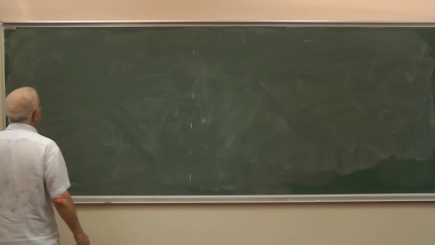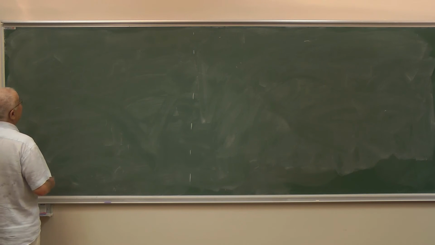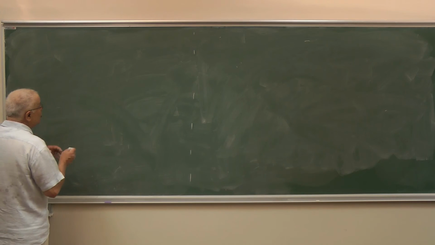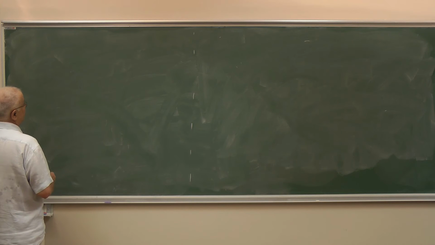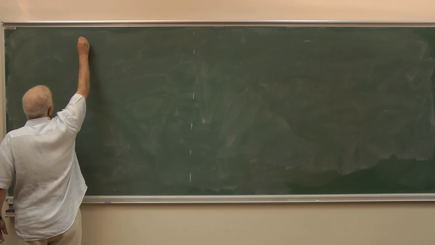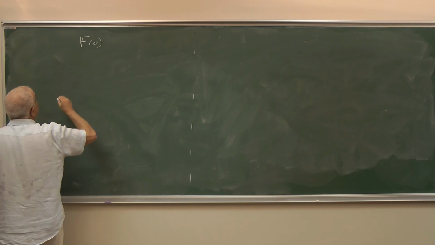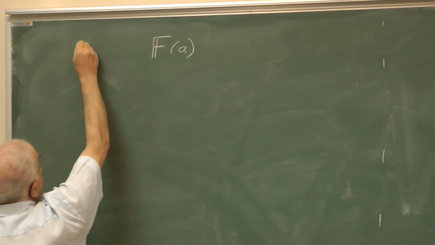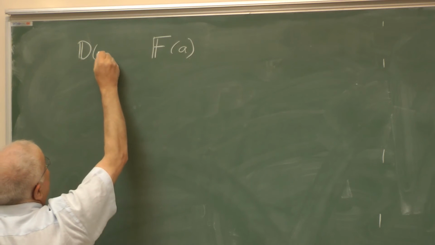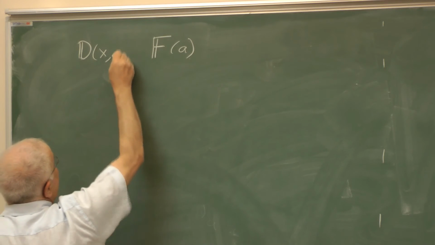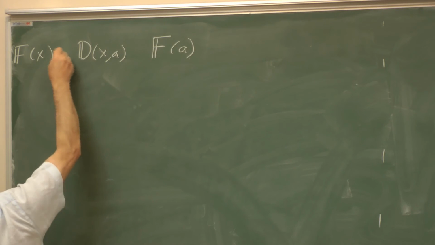Another piece of wishful thinking is how nice it would be if I had an operator that took me from the initial point to an arbitrary point. If I know the fundamental matrix at the initial point, f of a, and somehow I multiply this with the development operator d of x a, that should give me f of x.